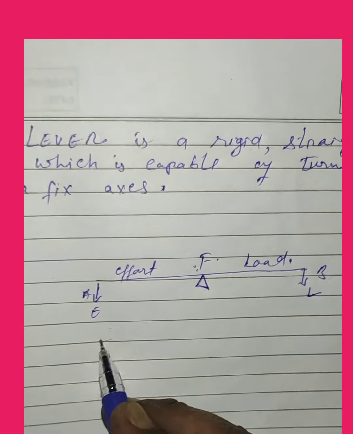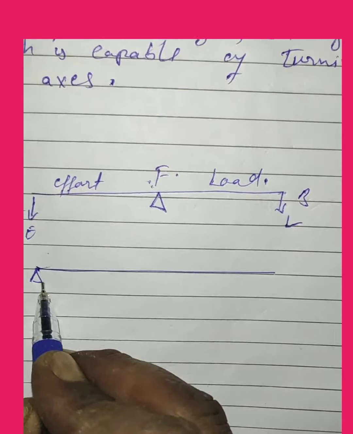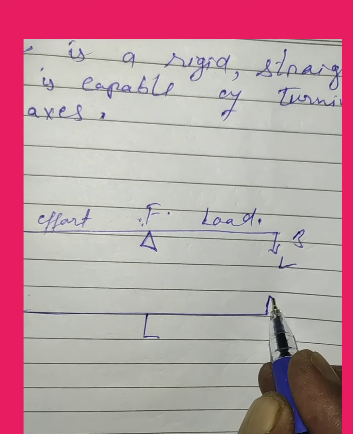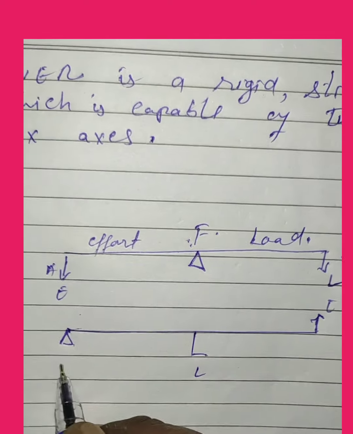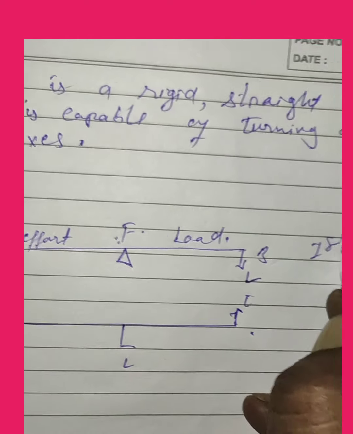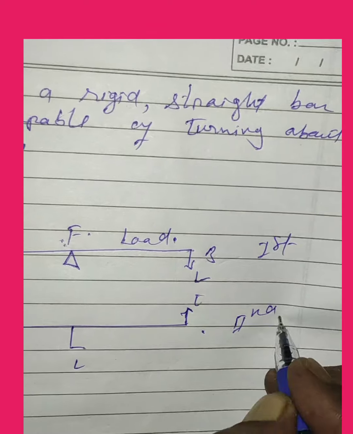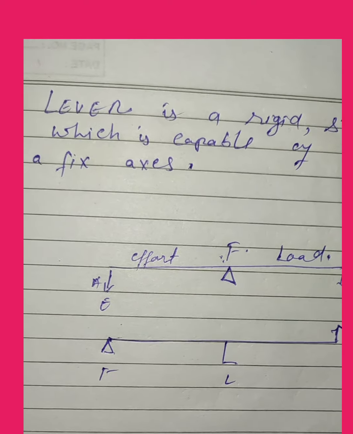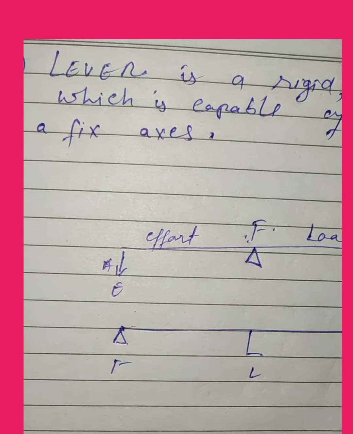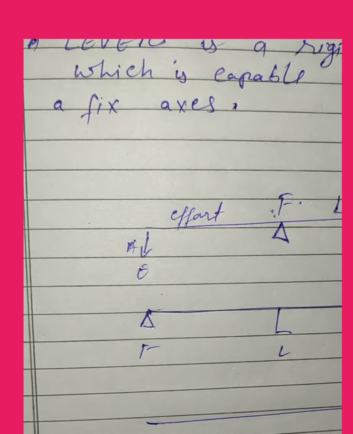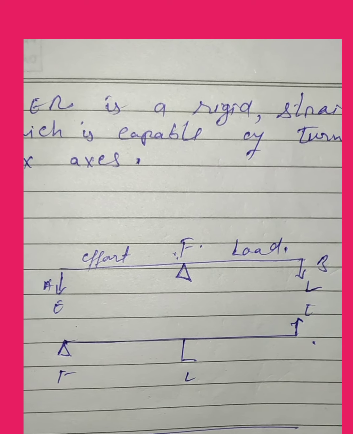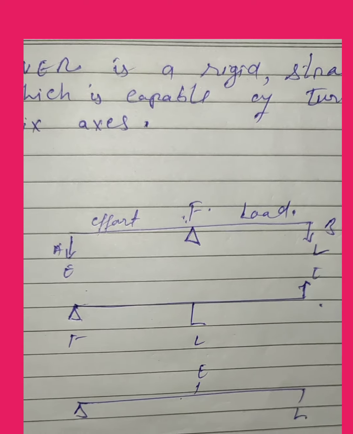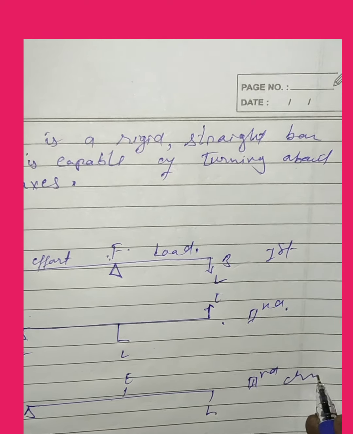If the fixed end is at one point, the load is at the center, and the effort is at the other end, this is the second class lever. If the load is at one end, the fulcrum is at the other end, and the effort is at the center, this is called the third class lever.